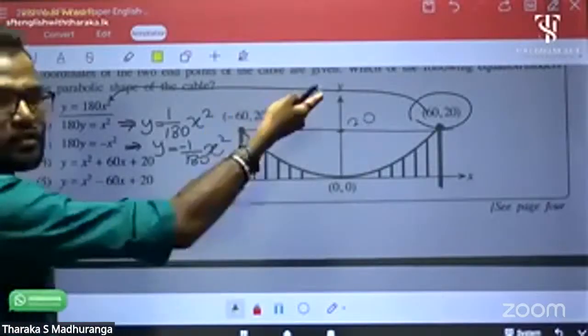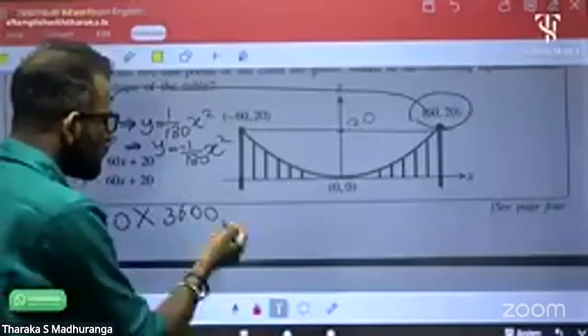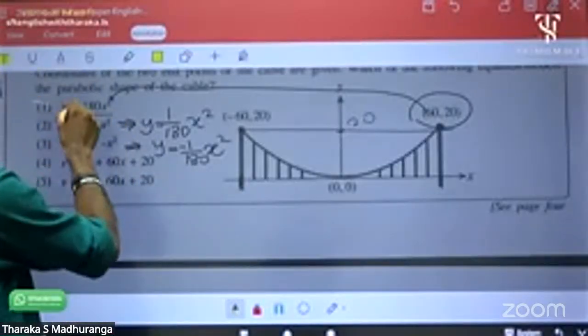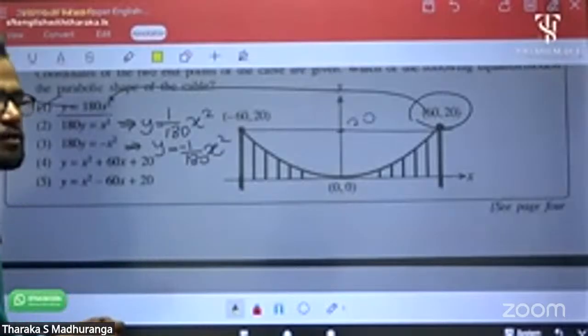Is it equal to 20? No, it's a large value. The first answer is wrong, so you can cancel it.